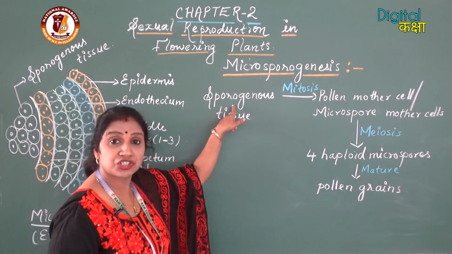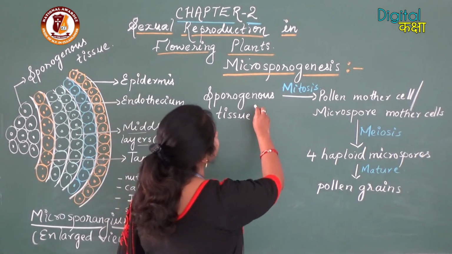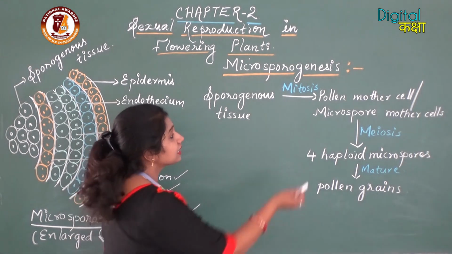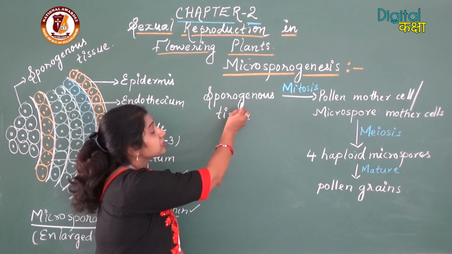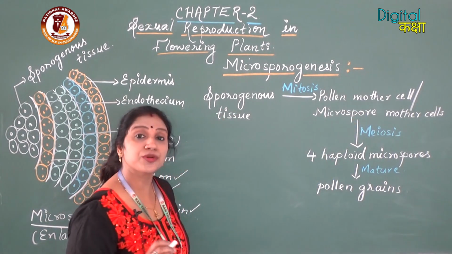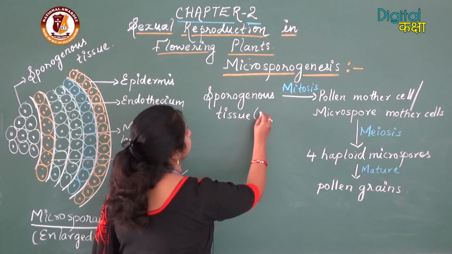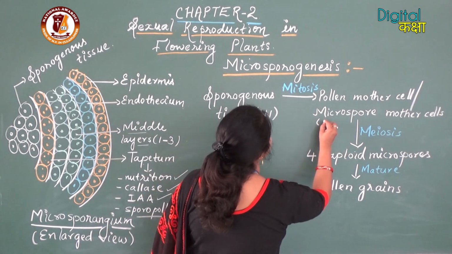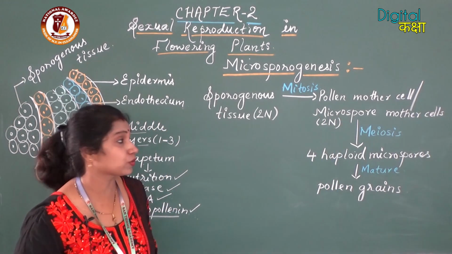The sporogenous tissue is diploid in nature, and the pollen mother cells or microspore mother cells, which are formed by mitosis from the sporogenous tissue, will also be diploid in nature, that is 2n.